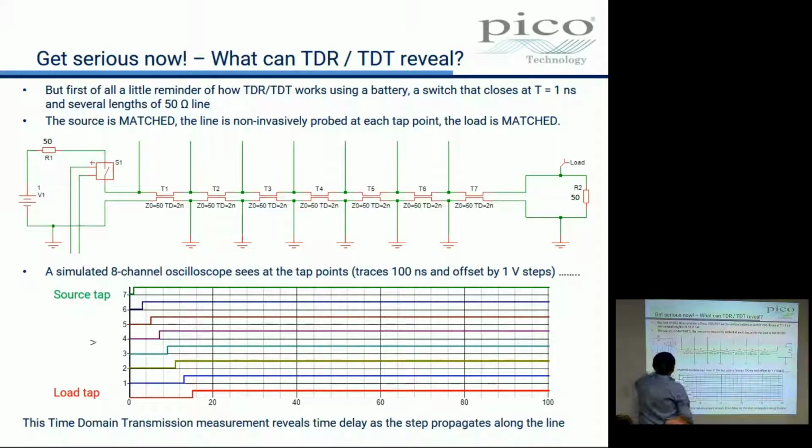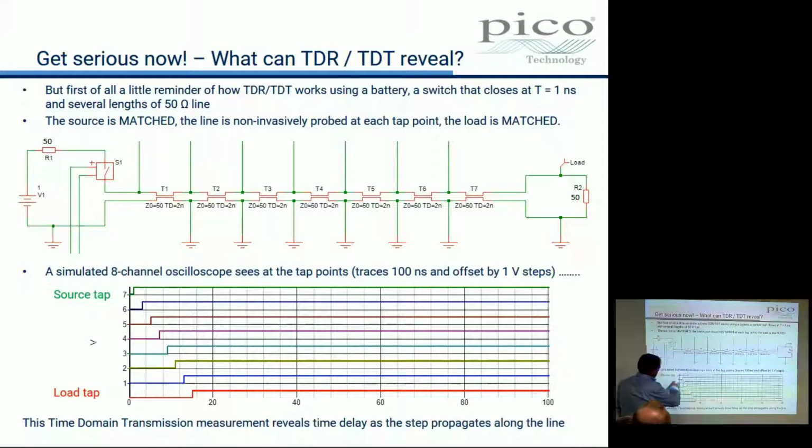And when I close the switch, what happens is, at the source, the green waveform is this tap here. You can see we get a rising step of a volt straight away. All these waveforms, by the way, would be on top of one another, but I've offset them by 1 division on the scope, yeah?